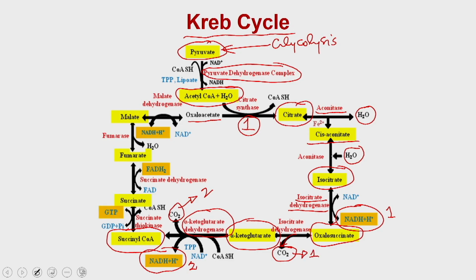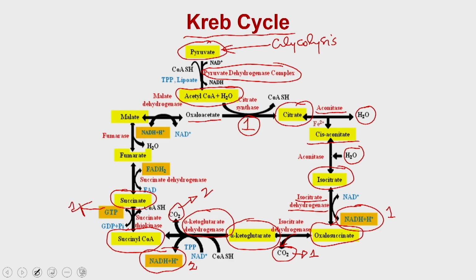Now, the succinyl-CoA is converted into succinate, and if you look carefully, in this step GTP is produced instead of ATP. So, this is the first molecule of GTP.